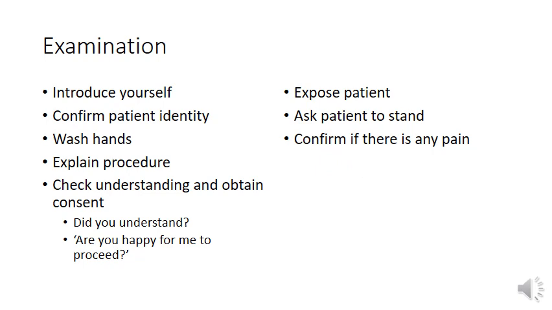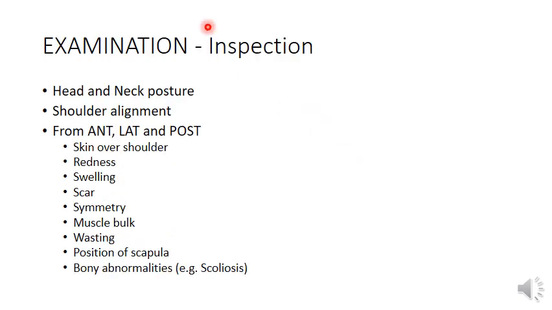During the inspection, make sure you observe in general. First, observe the head and neck posture, the shoulder alignment on both sides if it is same, and examine the shoulder joints on the anterior, lateral, and the posterior aspects. So, what are the things you need to observe in this?